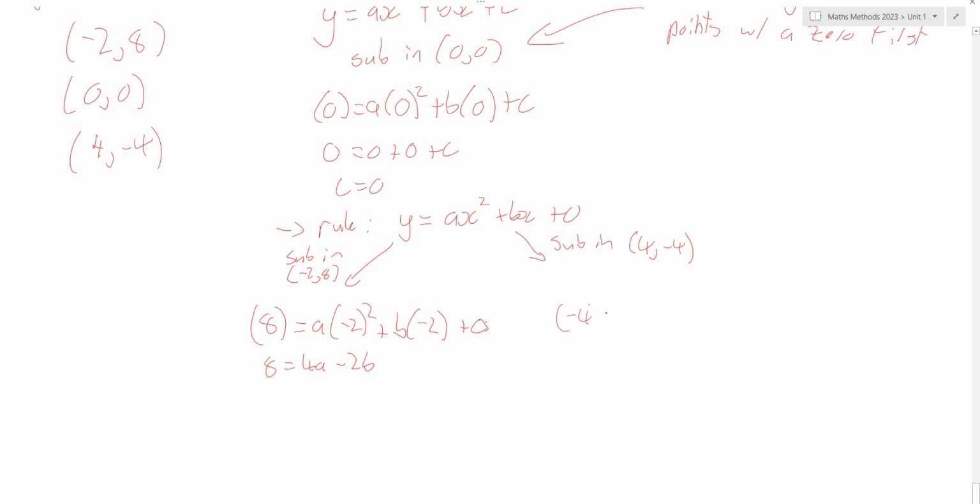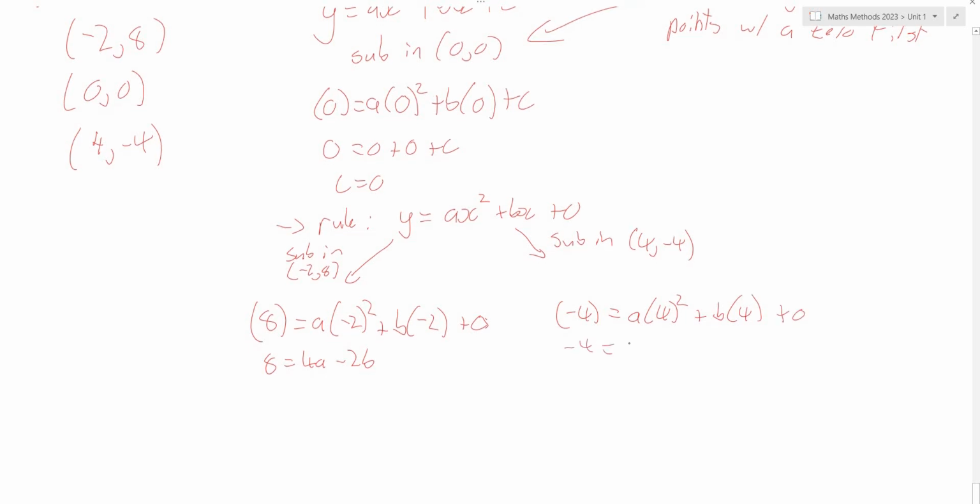So negative 4 equals a times 4 squared plus b times 4 plus 0, which gives us negative 4 equals 16a plus 4b.